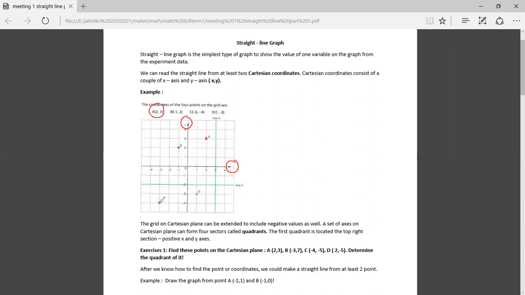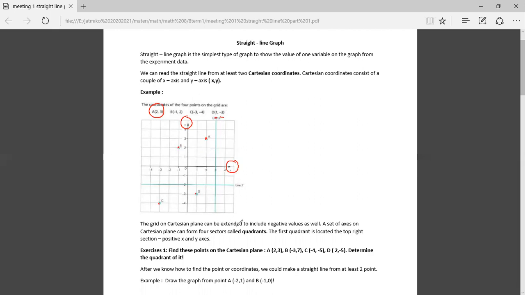Here is the C. And then D, (1, -3). 1 and then -3. So the first number is x and the second number is for y. So that is to mention about the coordinate.